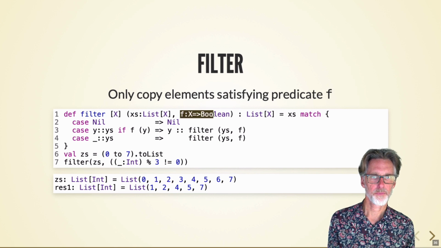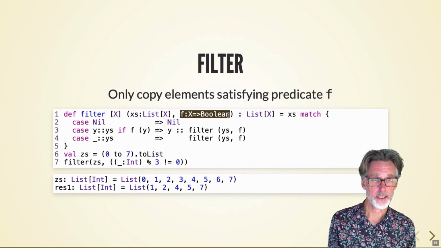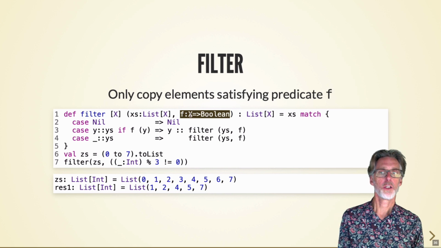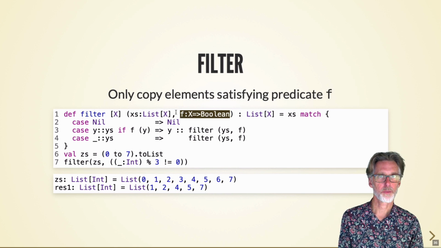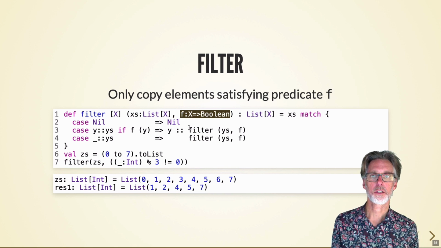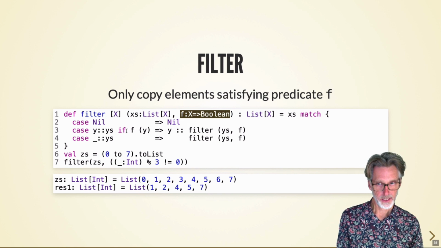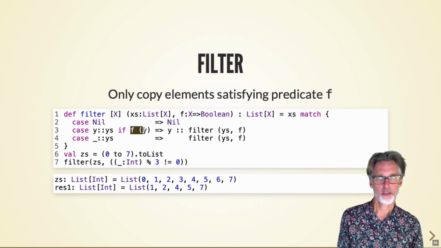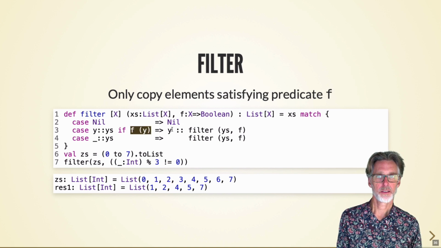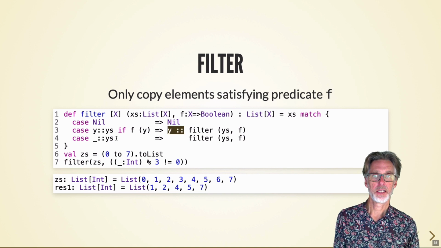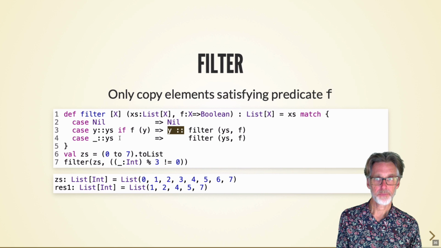In this case, we're going to take a predicate and use this predicate to determine which values in the list to retain. So if a value satisfies the predicate, then we'll retain it in the result. But if that does not happen, then we will not retain it.